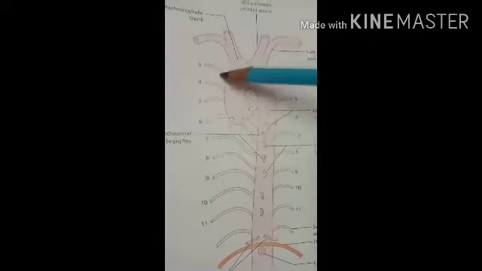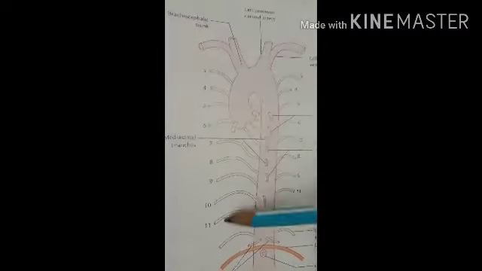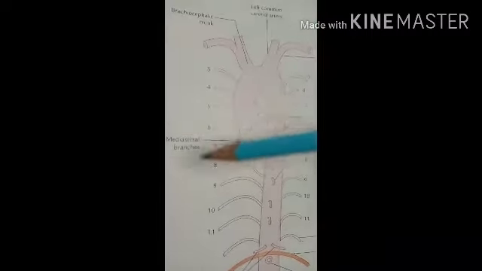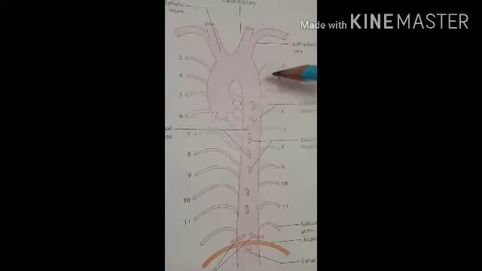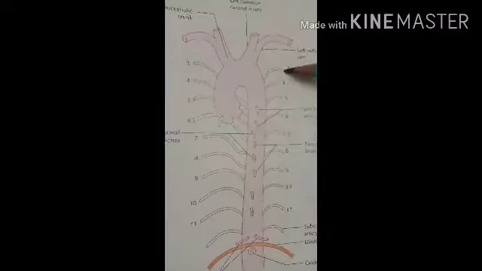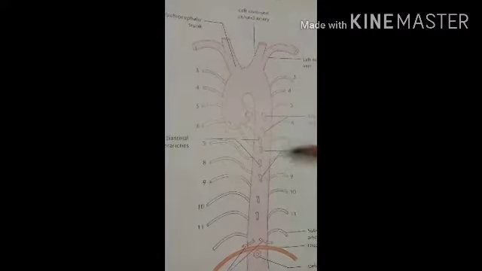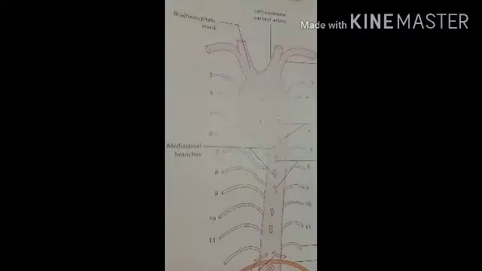Here you can see from 3rd to 11th, these are called the posterior intercostal arteries. They are present on both sides of the descending thoracic aorta. So 3rd to 11th, that is the 9 posterior intercostal arteries.